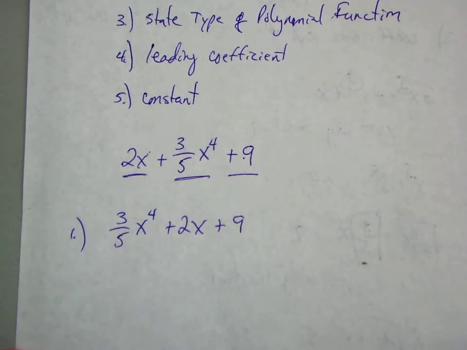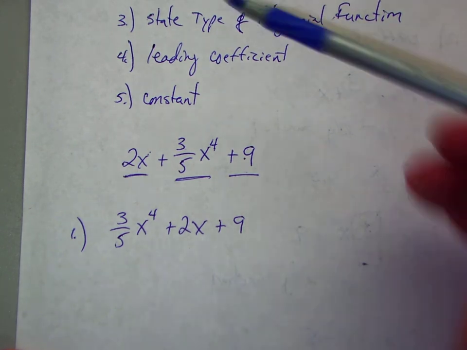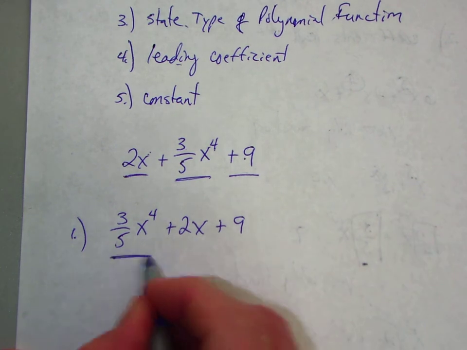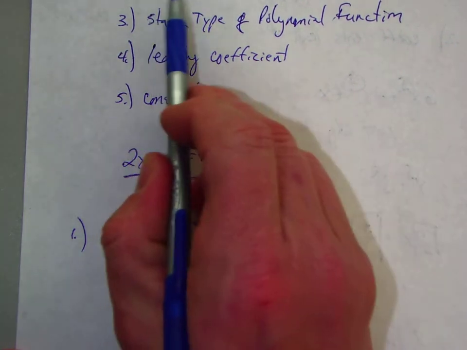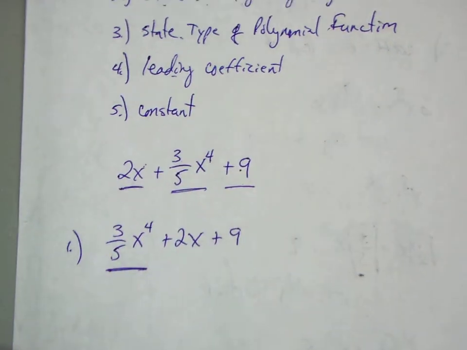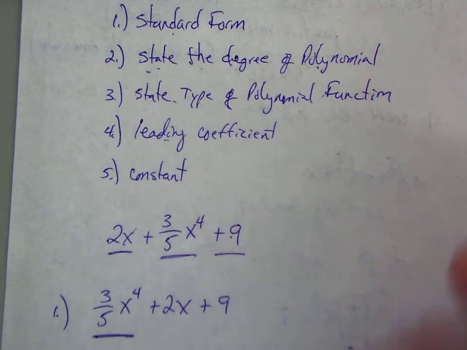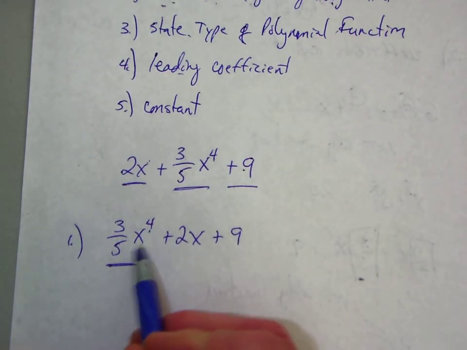Now once you have standard form, you should be able to give me numbers 2, 3, and 4 by just looking at the first term. In order to state the degree of the polynomial, you look at the exponent of the first term. The exponent is 4.